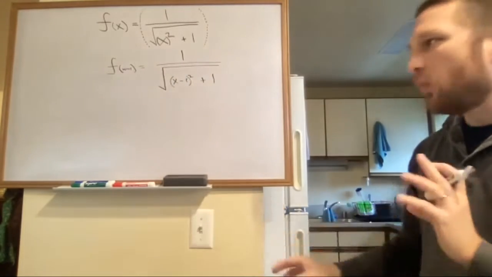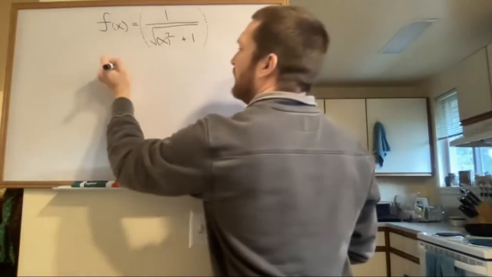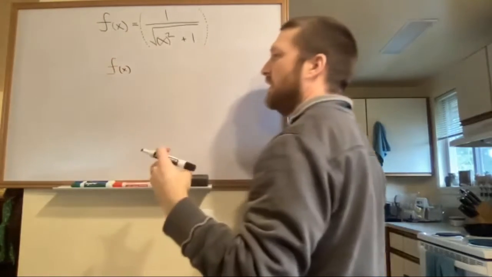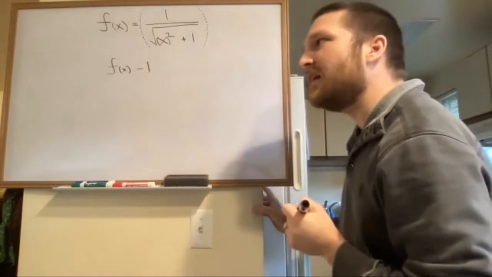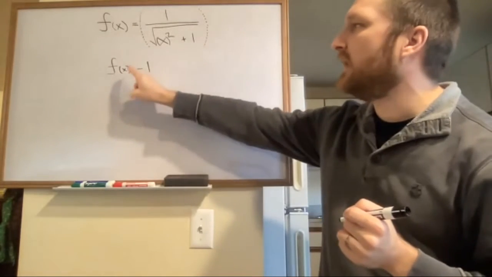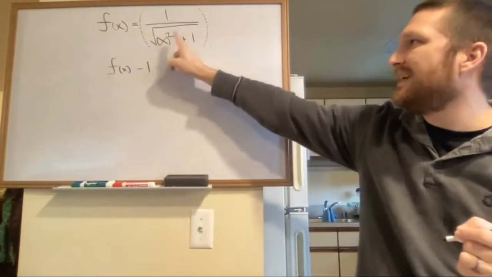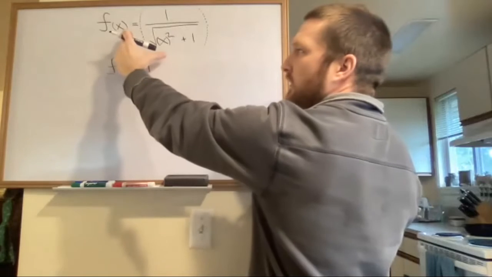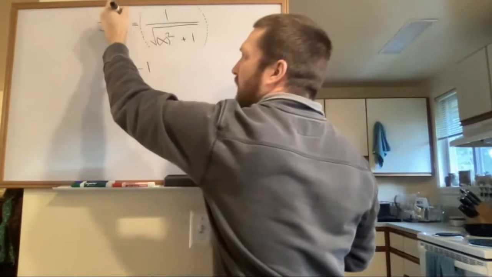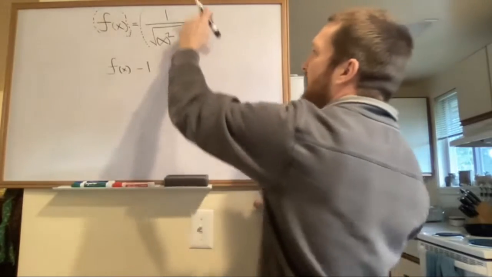All right. One last question. If I did this, f of x minus 1, it's a little bit different. I'm not plugging in x minus 1 into here. I'm just plugging in a regular old x, and this f of x represents your output, the thing you get when that happens.